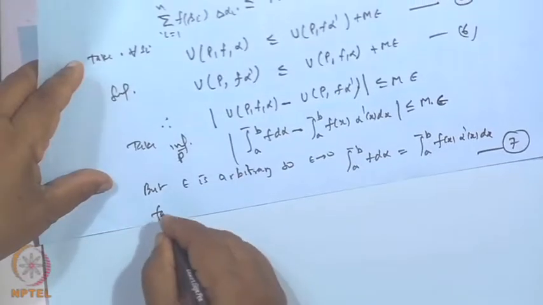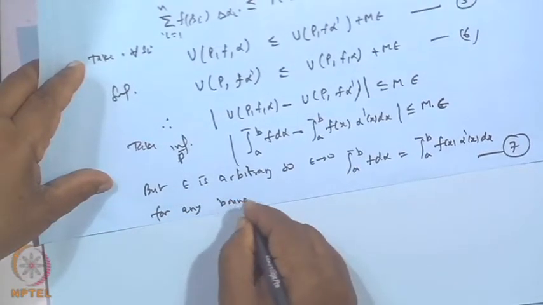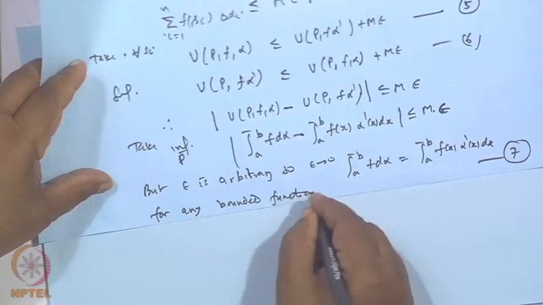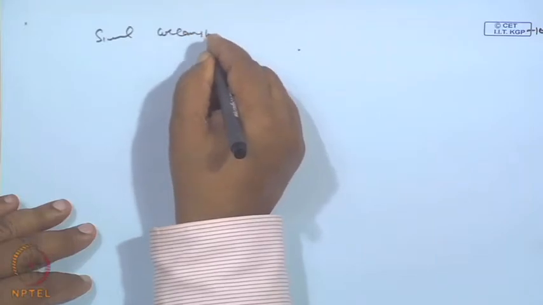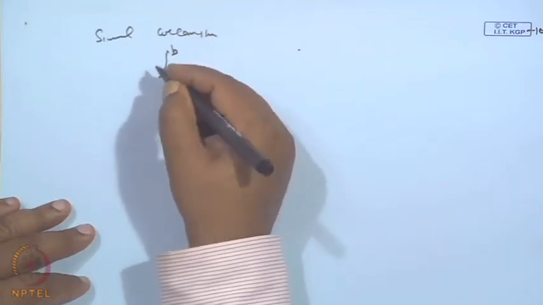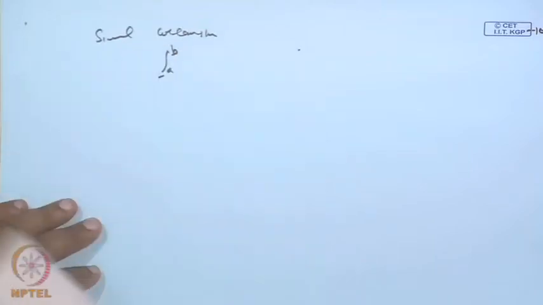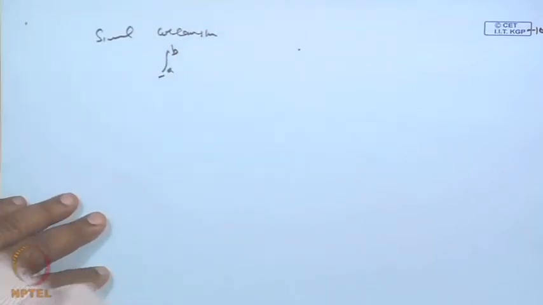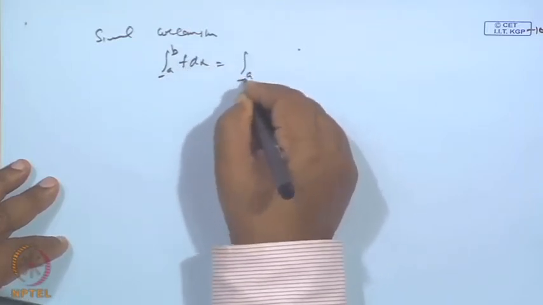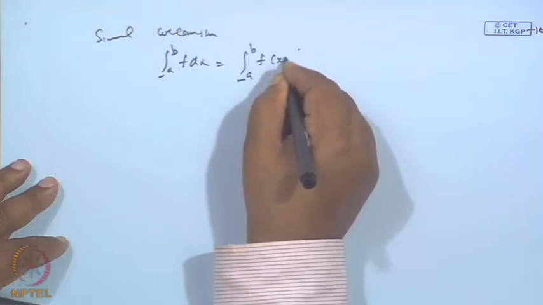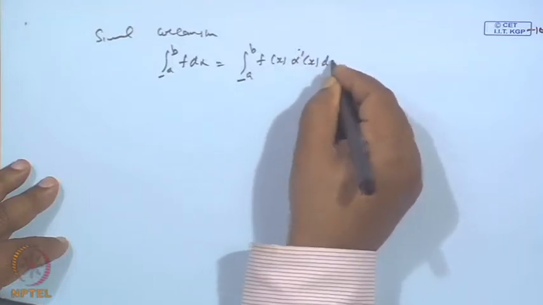Similarly, this is true for any bounded function. Similarly, we can prove it for the lower integrals. Similarly, we can show that the lower integral of f d alpha is the same as the lower integral from a to b of f(x) alpha dash(x) dx.